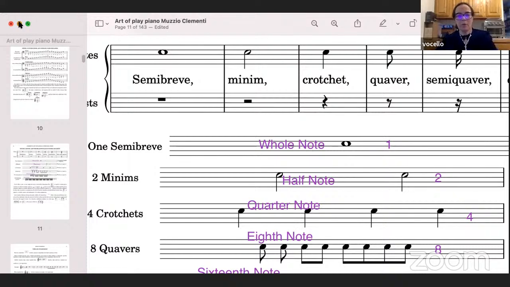The C2 is the open string for the cello. C2, B1, A1, G1, F1, E1, D1, and C0.